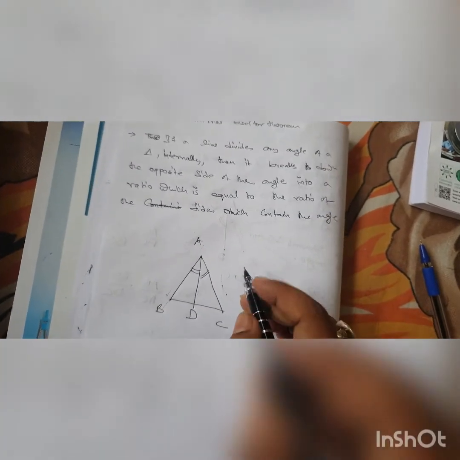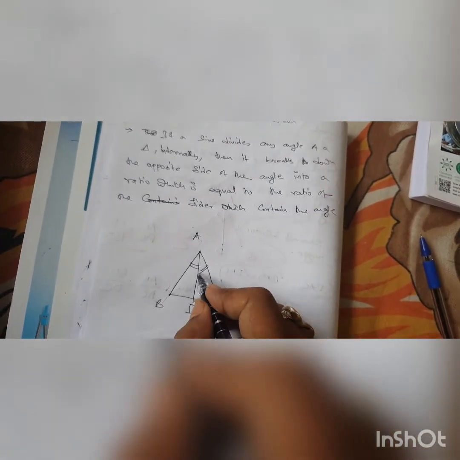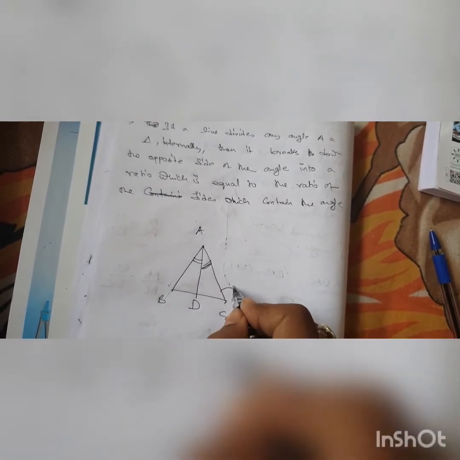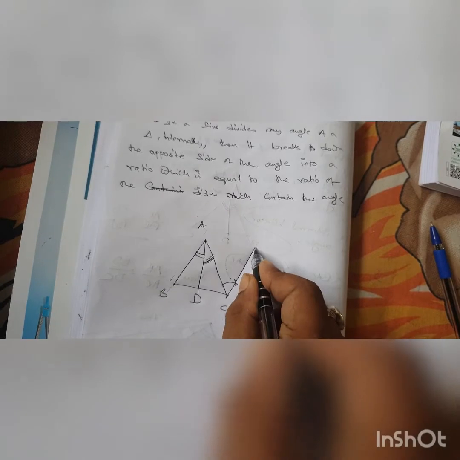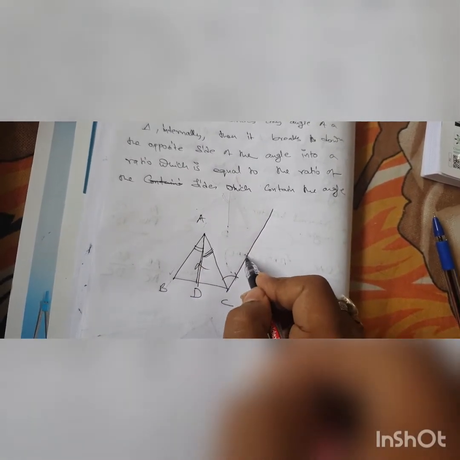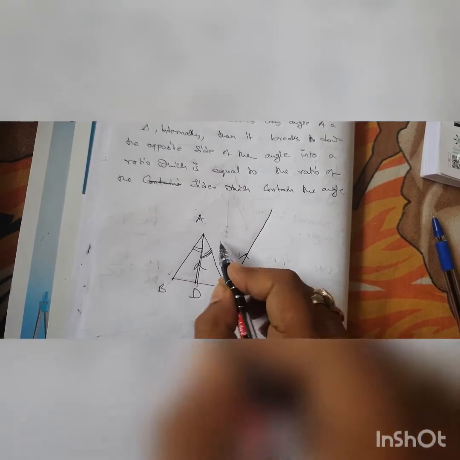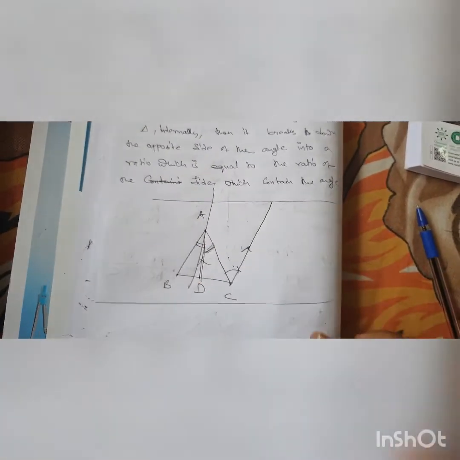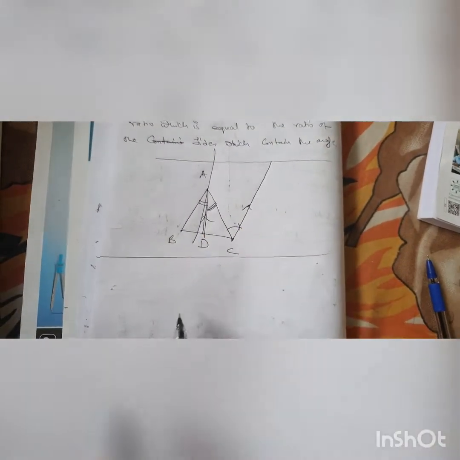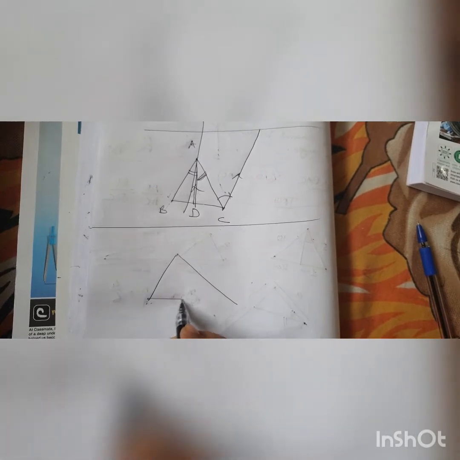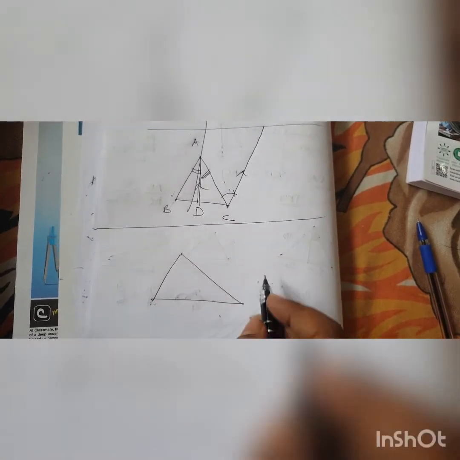To prove it, what you have to do is take this angle and draw an angle equal to it, and after you draw it, you join the other arm. This line will be parallel to this line. It's not looking parallel. Leave it, I'll draw again, because it will be alternate interior angles. Suppose this is it.